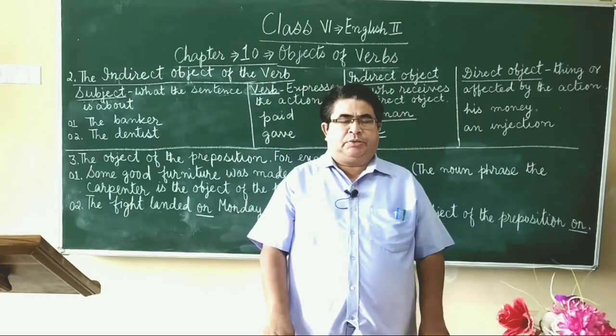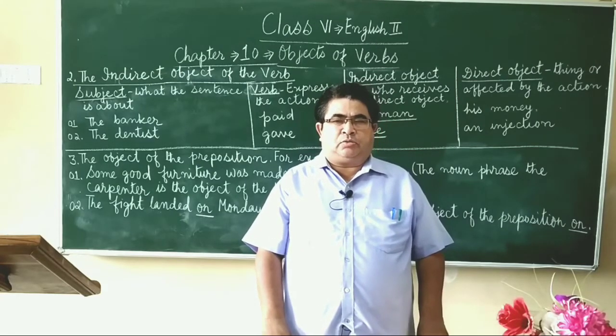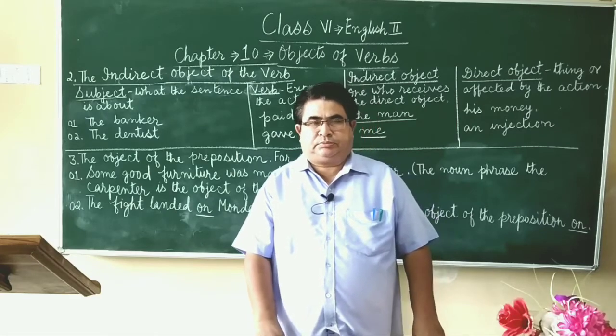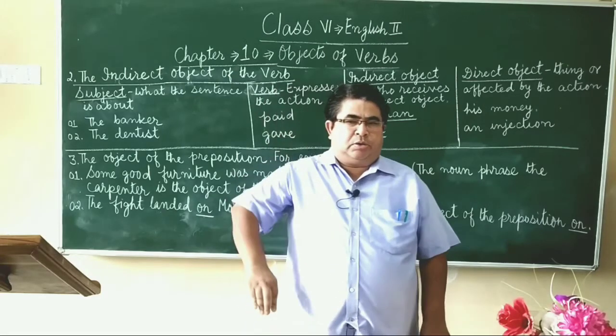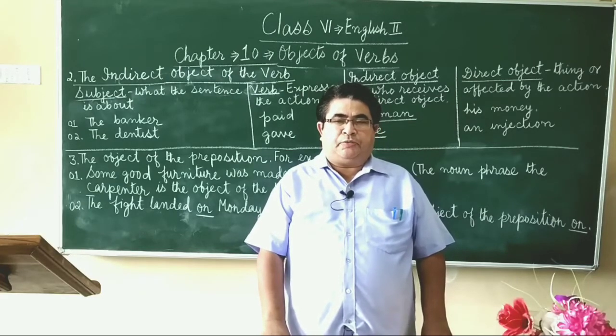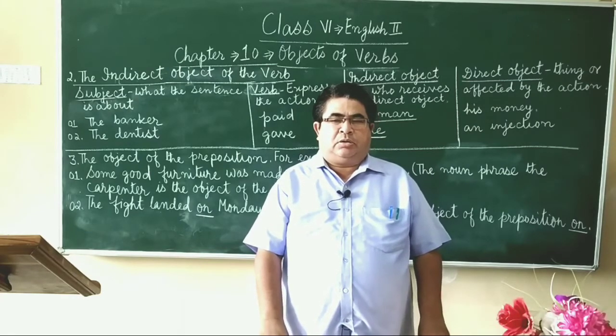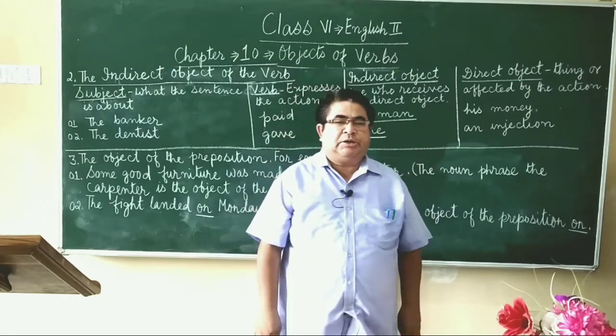Second point, a noun phrase or pronoun that occurs in addition to the direct object of the verb is called the indirect object of the verb. Or the noun phrase or pronoun that receives the direct object of the verb is called the indirect object of the verb.